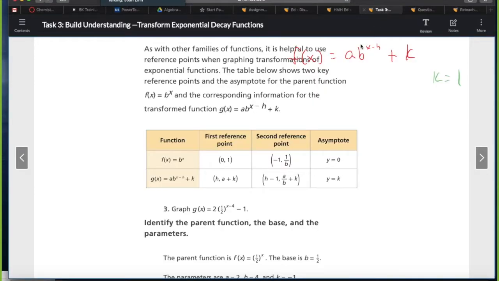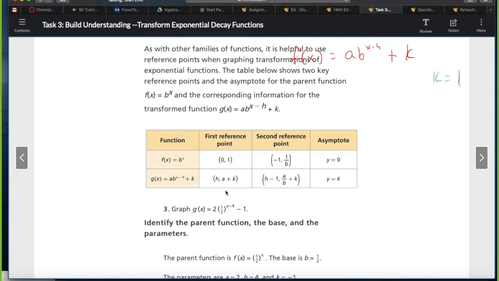So the book gives us these formulas. This one is totally fine. This one is not. The issue with this one, I don't think it's wrong, but if our first reference point is 0, 1, their second reference point here is negative 1. So x is negative 1. So it's going 1 to the left. That is different than what we have.